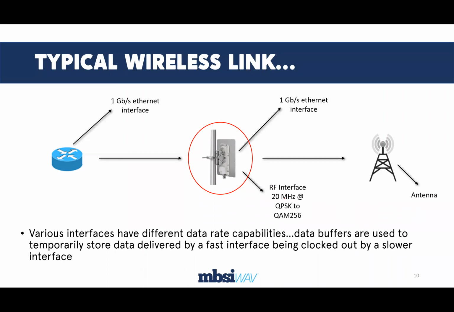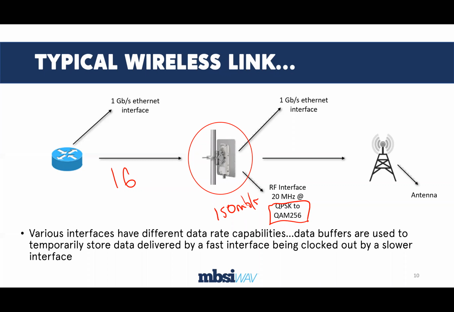My RF link, though, is using a 20 megahertz channel, and the multi-rate algorithm supports QPSK to 256 QAM, which generally means on that channel I've got about 150 megabits of capacity, give or take. So here I have 1G, here I have 150.